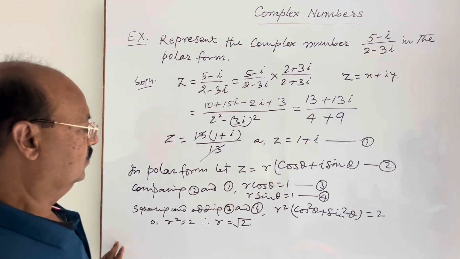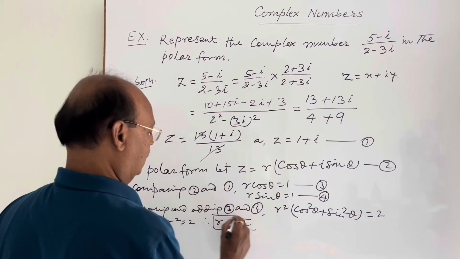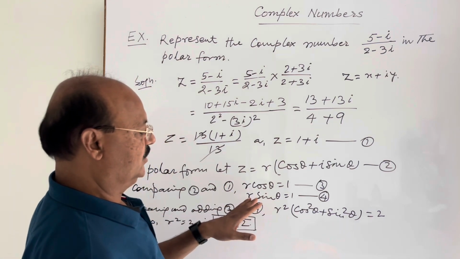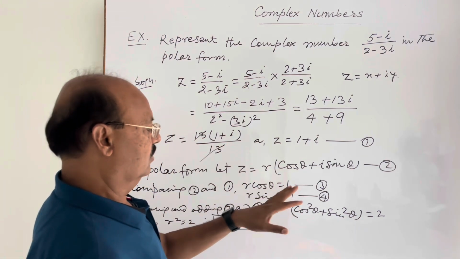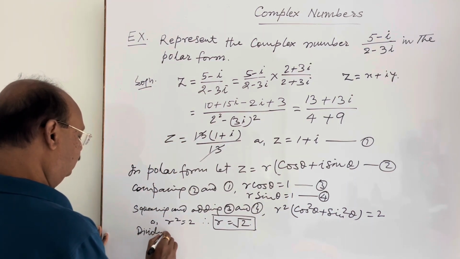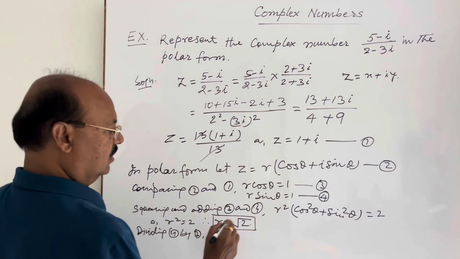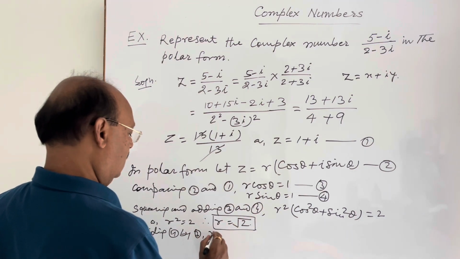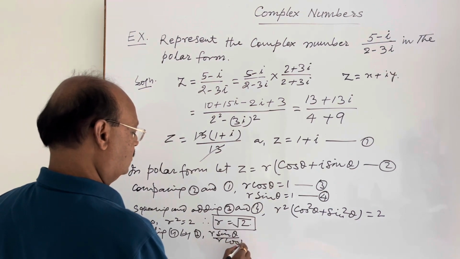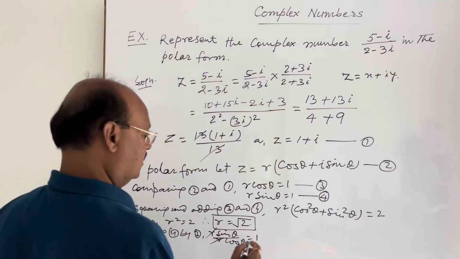Okay. Now we have to find the value of theta. Here we are getting value of r. For finding value of theta, let us divide relation number 4 by relation number 3. So dividing 4 by 3, we will get r sin theta upon r cos theta is equal to 1 by 1, that is 1. r will be cancelled out.